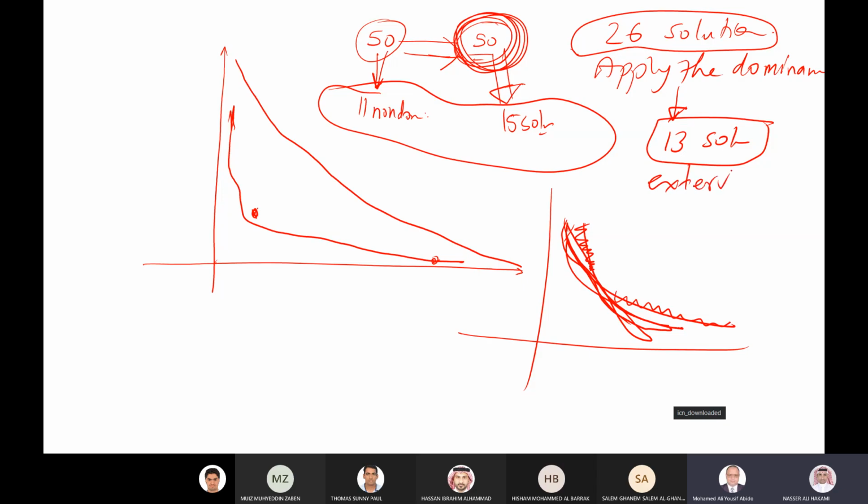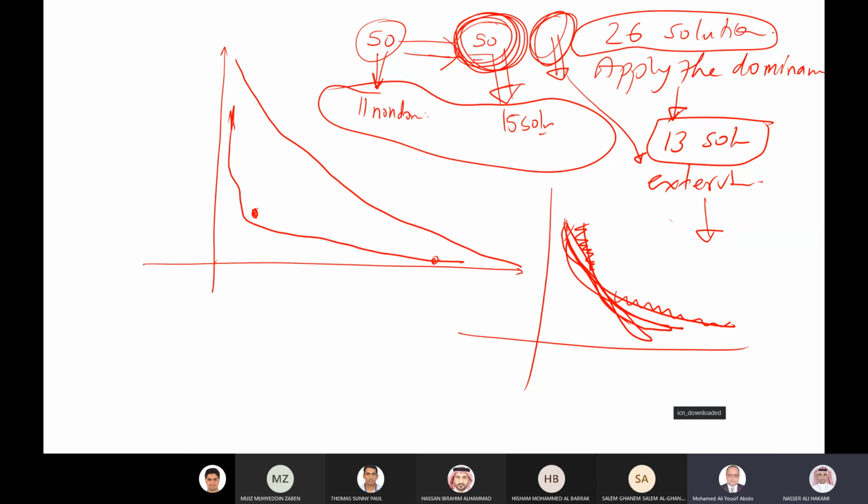These will be the elite solutions. When you get another 50 solutions, you can get how much the non-dominated, and you combine with this, and then you end up with some of the solutions eliminated. And in each generation, you have to update your external set. Okay? Yes, clear. Yes.